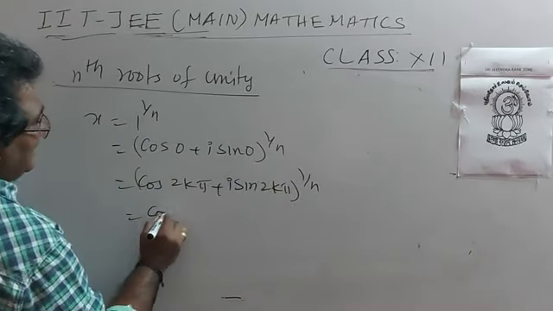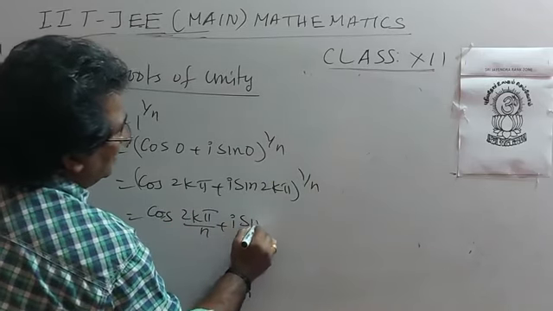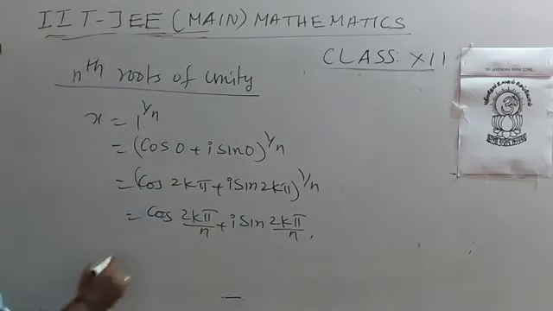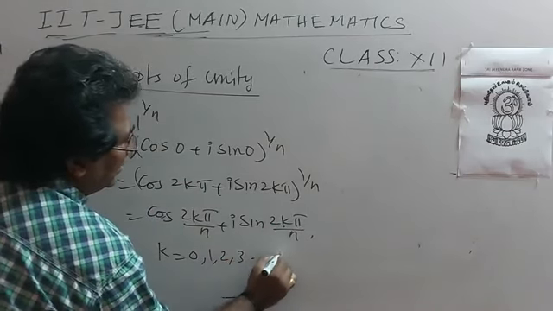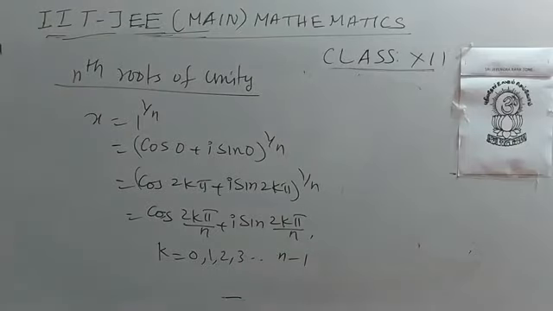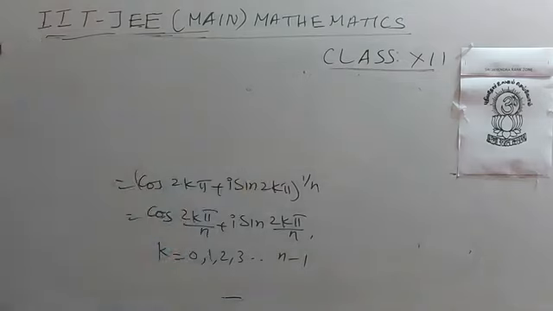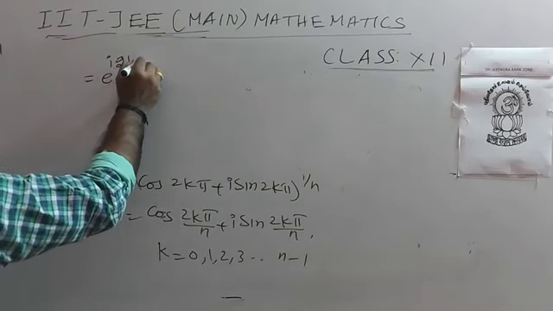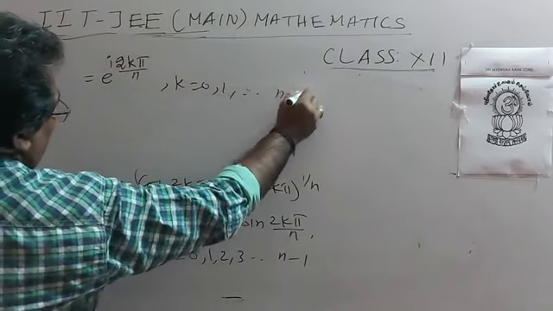Bringing 1 by n inside, that means applying De Moivre's theorem, cos 2k pi by n plus i sin 2k pi by n, k equal to 0, 1, 2, 3 up to n minus 1. That is e power i 2k pi by n, k equal to 0, 1 up to n minus 1.